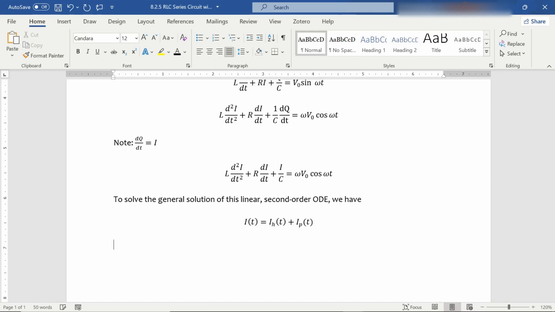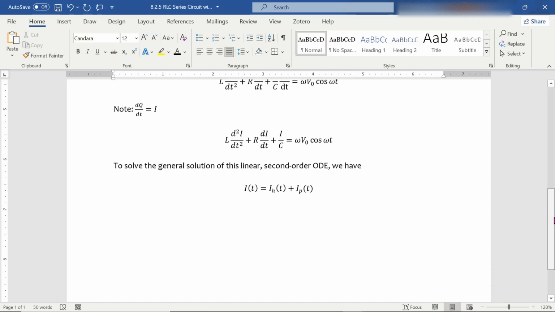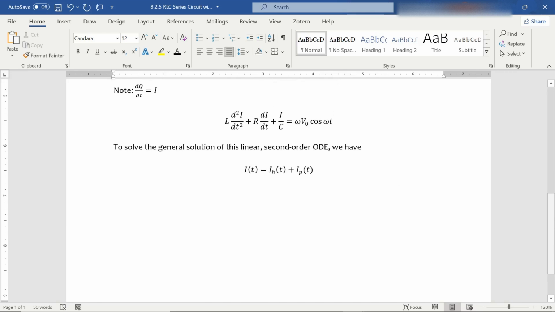Which means that for us to find the complete general solution, we have to solve first for the homogeneous solution and the particular solution.